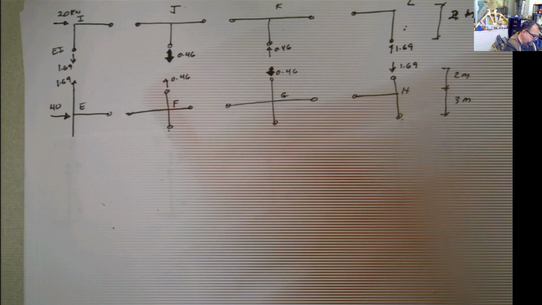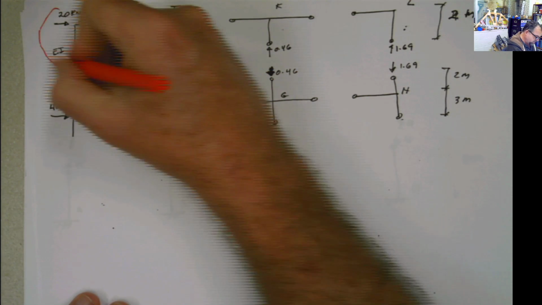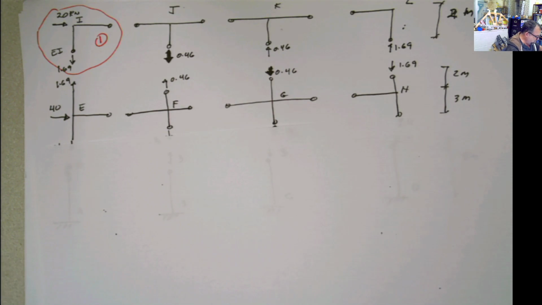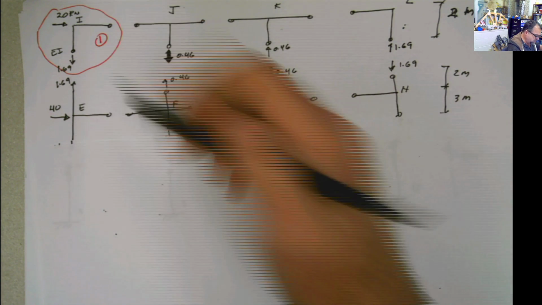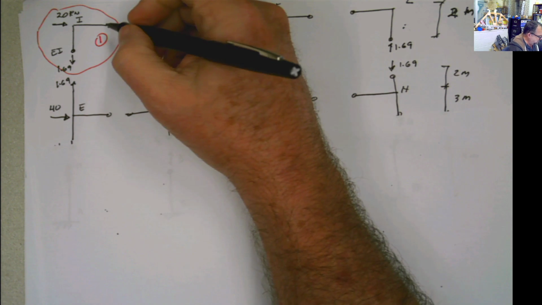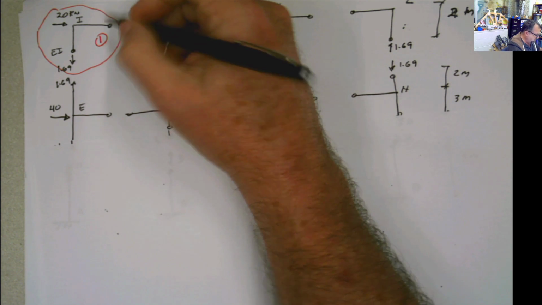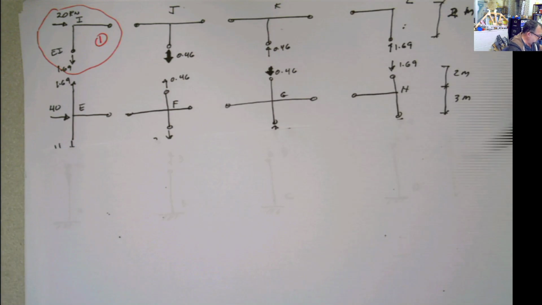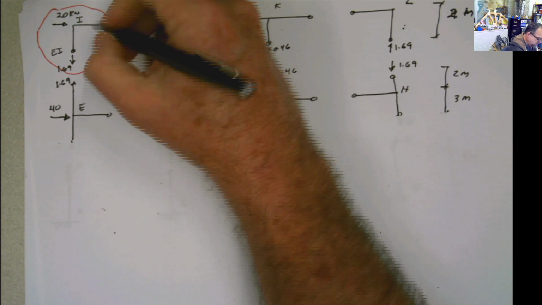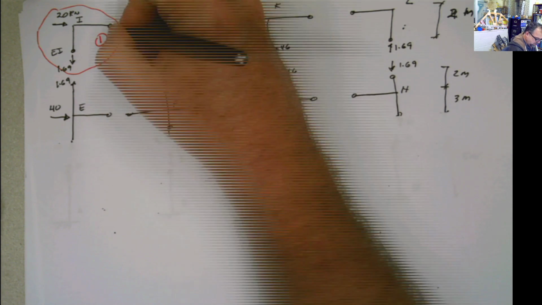I'm going to call this part 1, and if we focus on 1, I know that at this particular end we're going to have 2 forces, because those are hinges. I'm going to have one force in this direction, which also comes from the column.